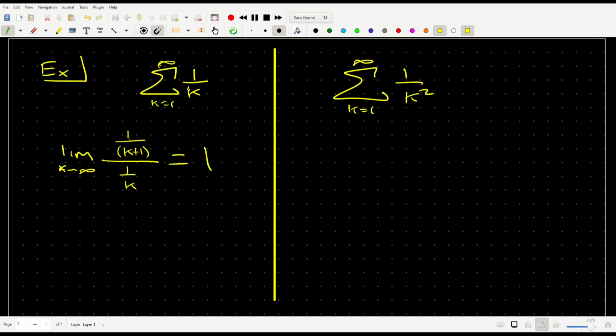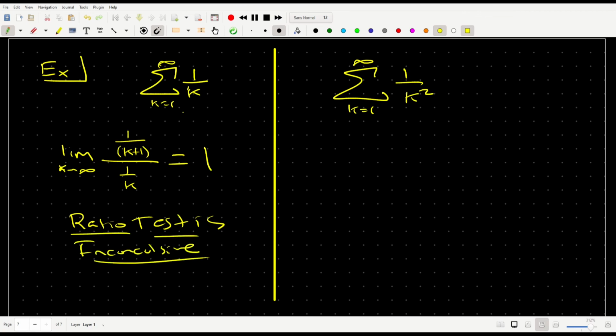And what this means for the harmonic series is that the ratio test is inconclusive for this example. So basically, we cannot use the ratio test to determine the convergence or divergence of this series.